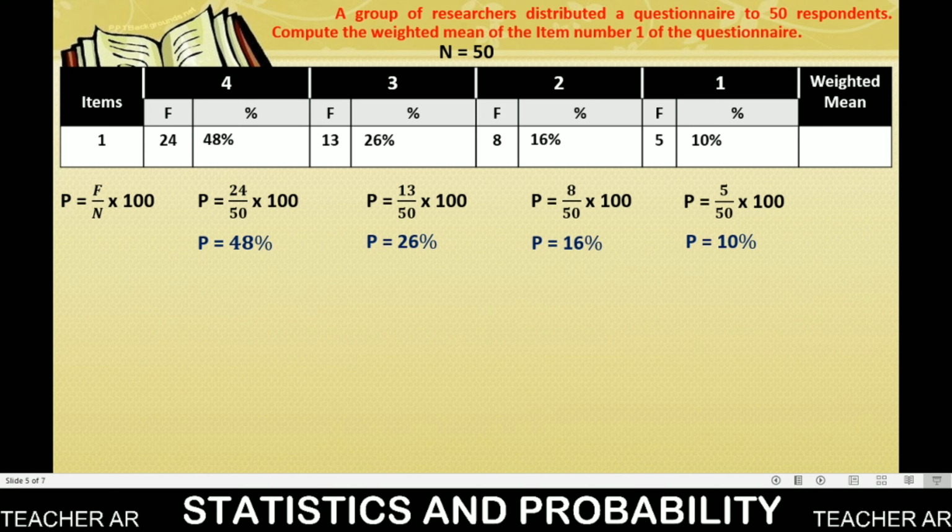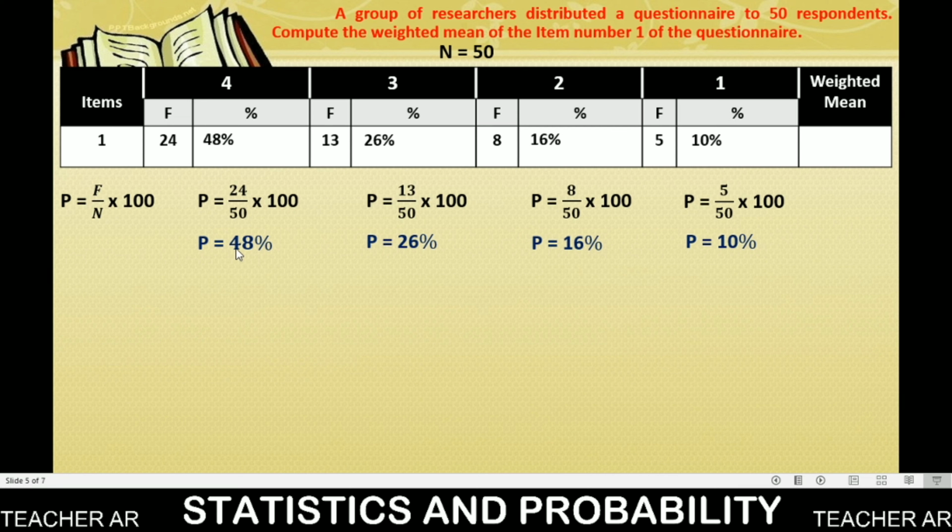As discussed in the previous video, in computing the weighted mean, we cannot directly compute it because we have to convert first this percent into decimal. Let's do the review again. In converting percent to decimal, move the decimal point 2 places to the left or simply divide it by 100.